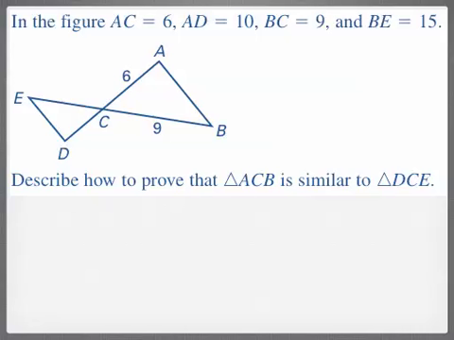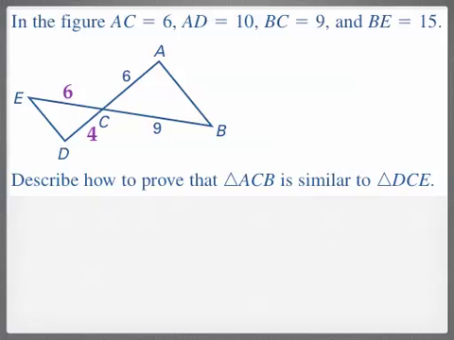I can find the length of DC because I know that the whole length AD is 10 and I know that AC is 6. I can say that DC is 4. And using that same idea, the segment addition postulate, because I know that the whole segment BE is 15, and I know that BC is 9, I can say that EC is 6.